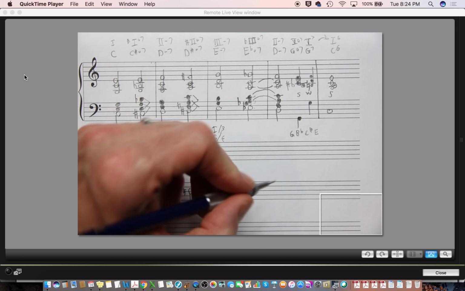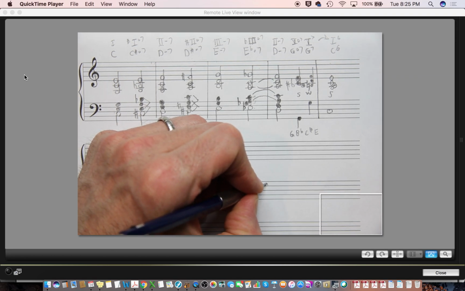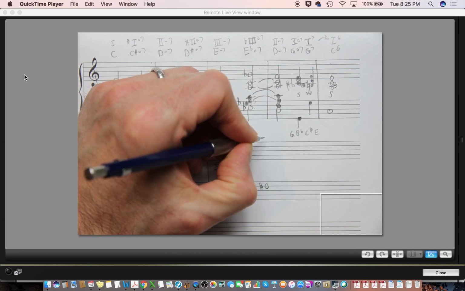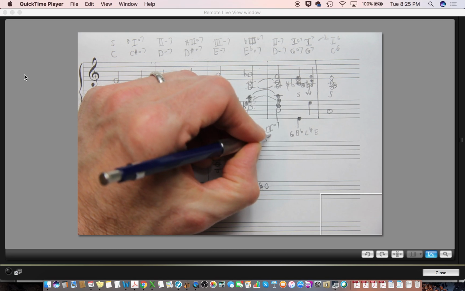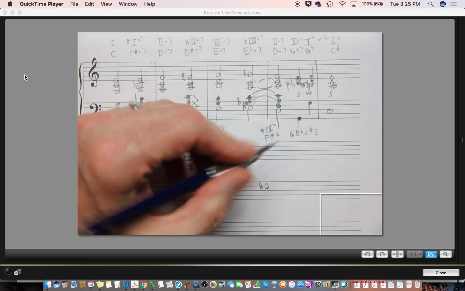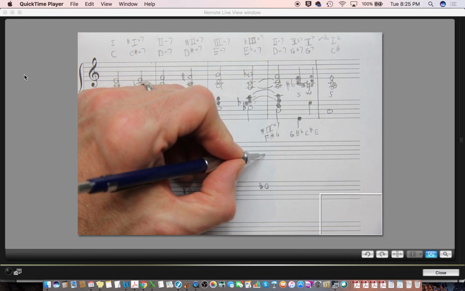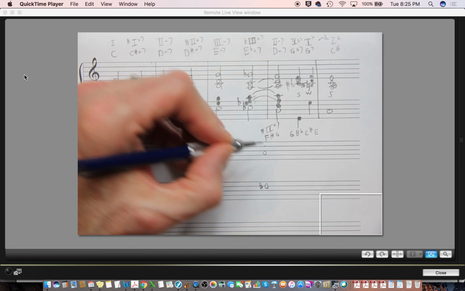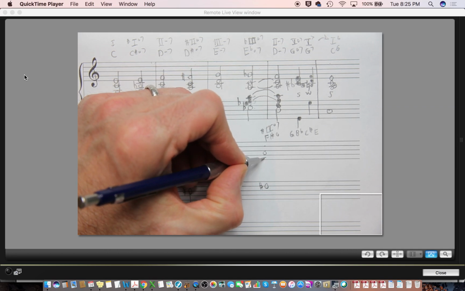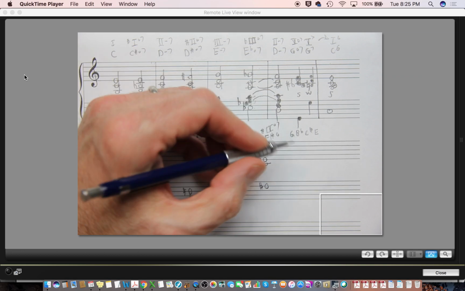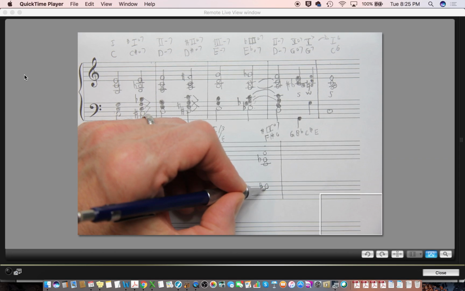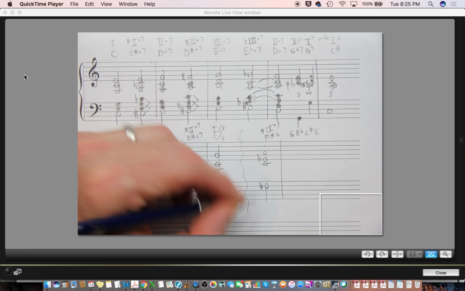Just one more to show you is, let's say you had a sharp 4 diminished 7, F sharp diminished 7. So how might we spell that? I guess I should try to voice lead it here. F sharp, A, C, E flat. And so this would be usually on a weak harmonic stress.